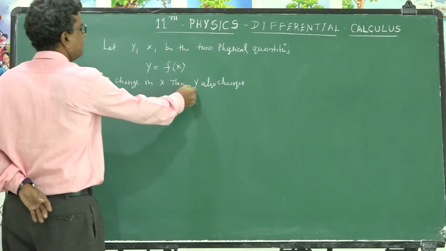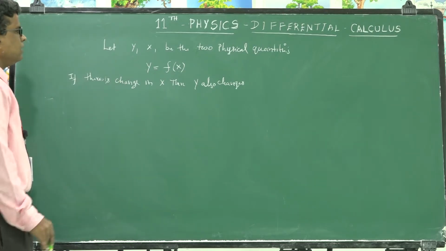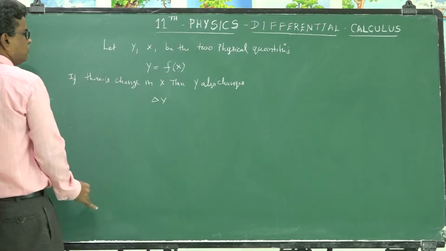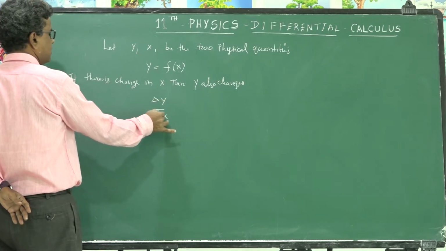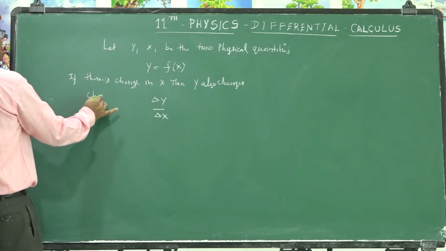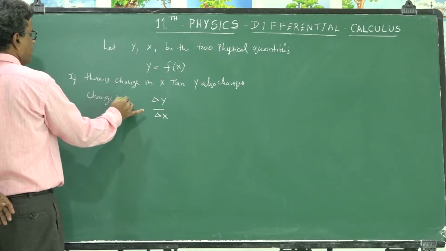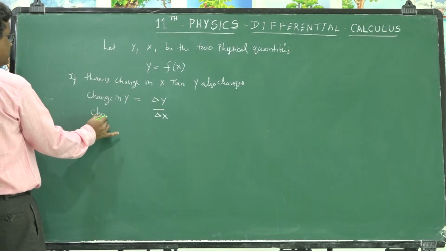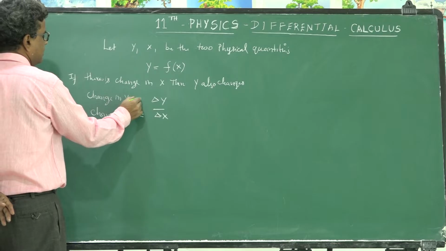So how will y change with respect to x? Let the change in y be delta y, and the change in x be delta x. What is delta y? Change in the quantity y is delta y. What is delta x? Change in x, let it be delta x.